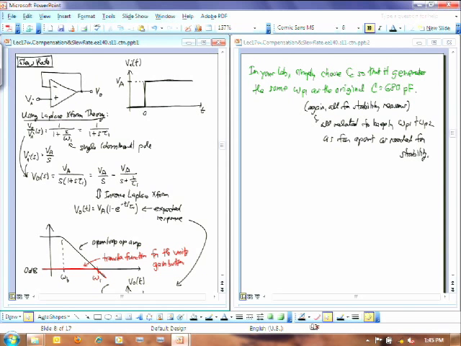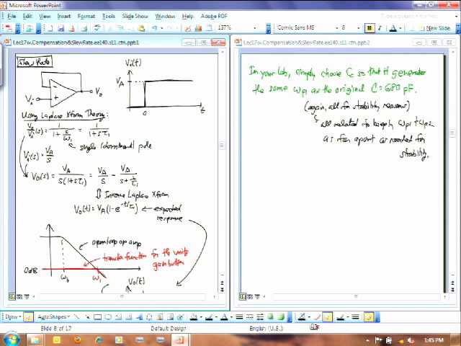Now, in Laplace transform theory, a step input is equal to the amplitude of that input, V sub A, times 1 over S. Very similar to the Fourier transform step input as well. Then in order to process this input through this transfer function, I merely multiply by the transfer function value.